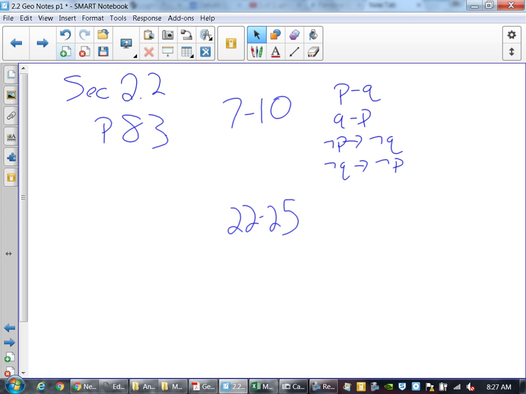You would have to turn that into an if-then. If two angles are complementary, then they add to 90. That's what you would come up with as your conditional. If two angles are not complementary, then they are not 90. You go through all of that. That's what you're going to be doing. Logic, no math. It's just logic.